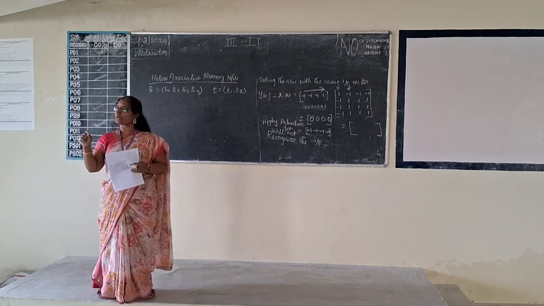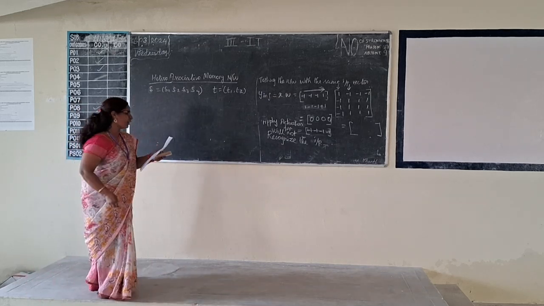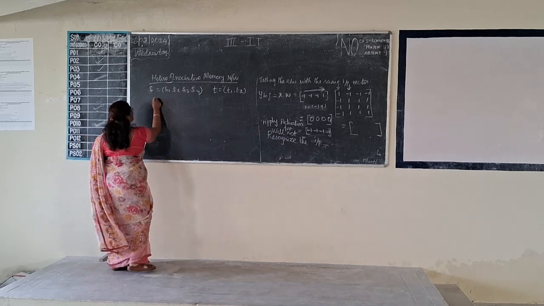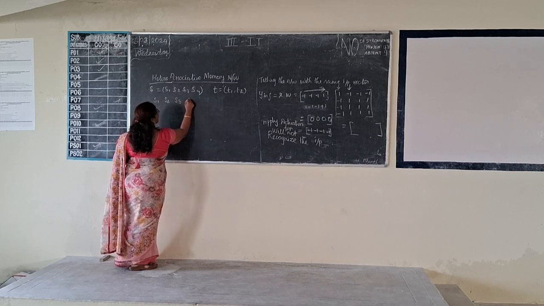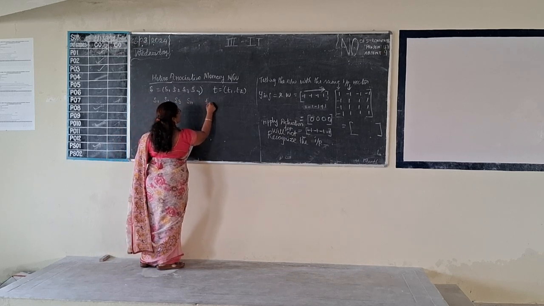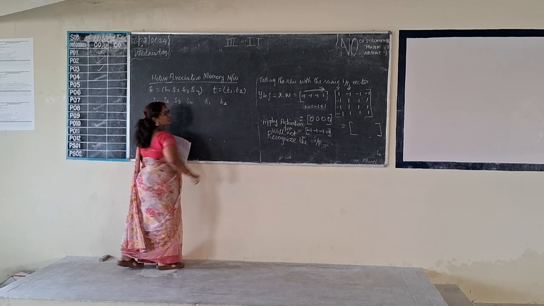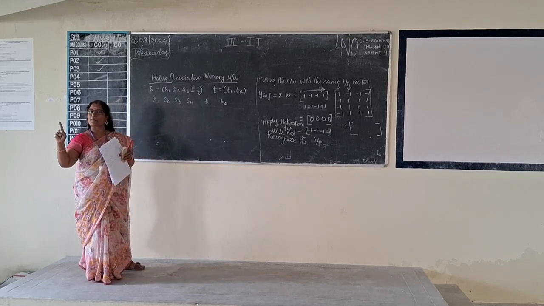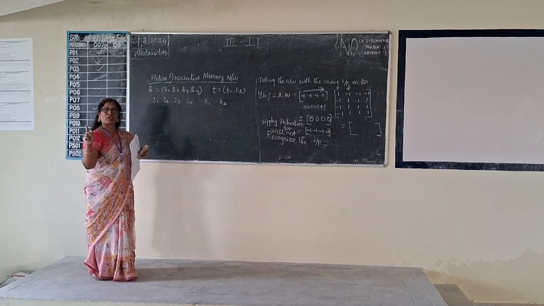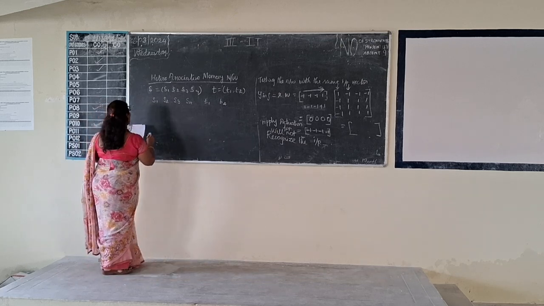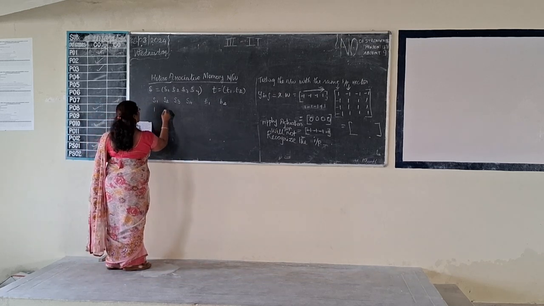Same as auto associative, we are going to solve one problem. So you must be given the input S1, S2, S3, S4 as well as T1, T2. We had a problem for hetero earlier, but there we applied the Hebb rule. Now we are going to see the problem with the outer product rule.